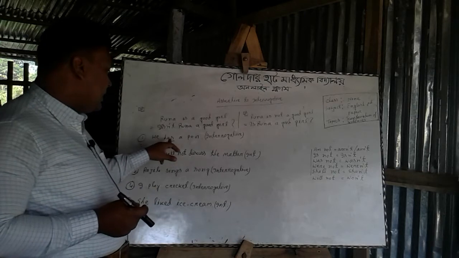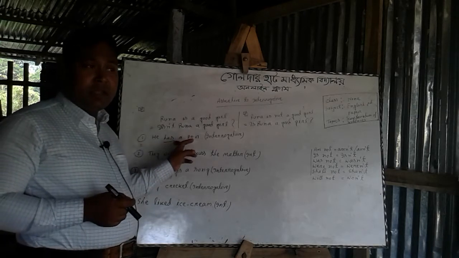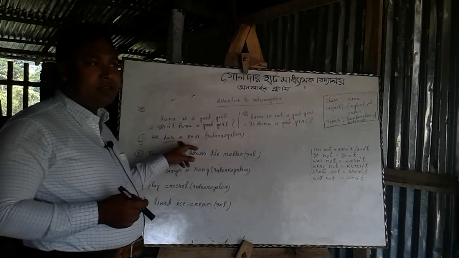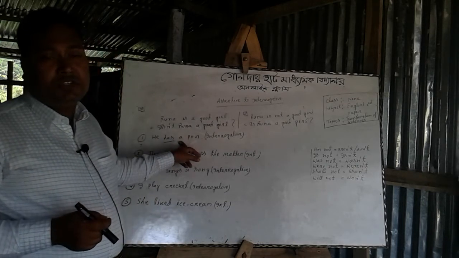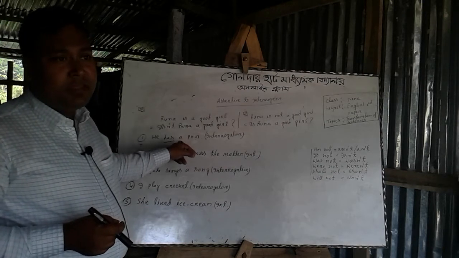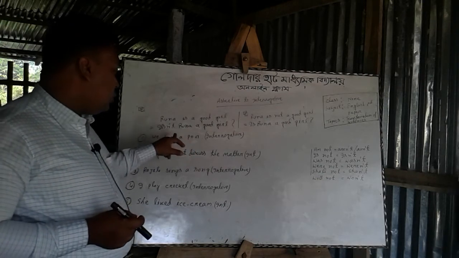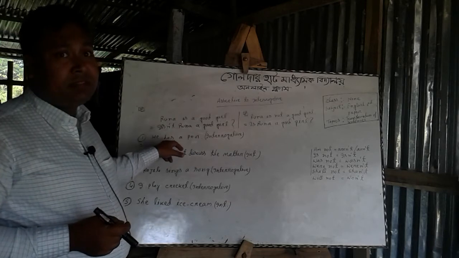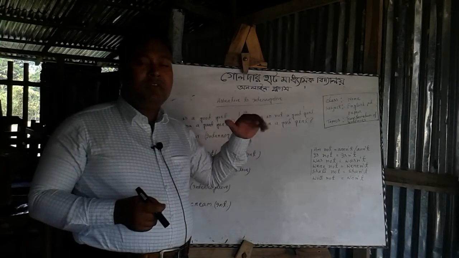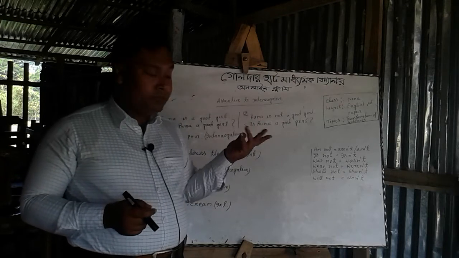So here has is one kind of auxiliary verb, and after has, not is not found. So we use not with the auxiliary verb has and then write the short form of that auxiliary verb.